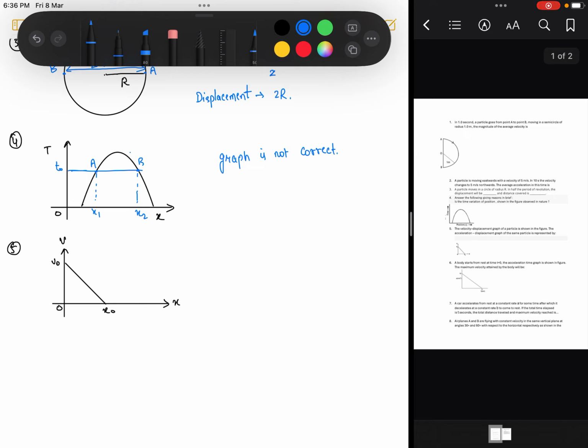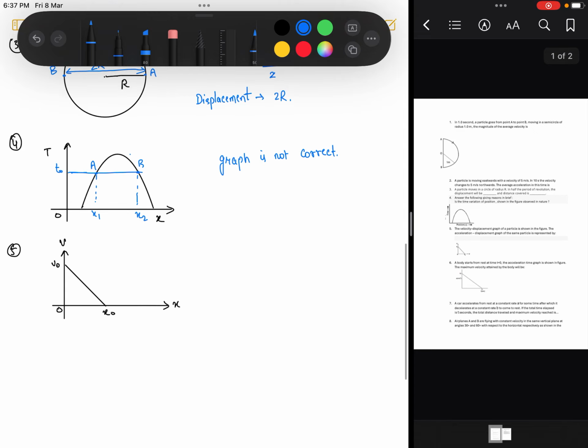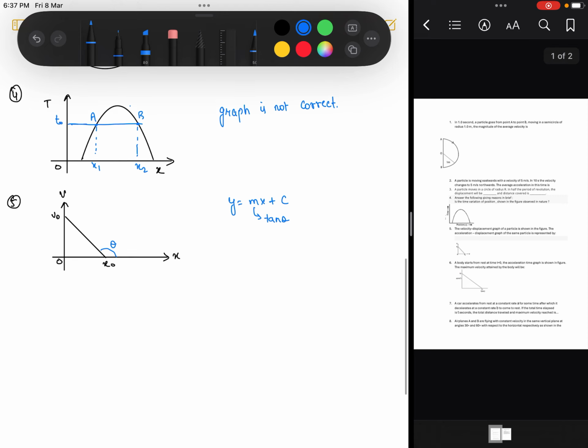First of all we should know how to write the equation of the straight line that is given in the graph. So by using the equation y is equal to mx plus c, here m is the slope, that is equal to tangent theta. So this is the theta, and we have to write tangent theta. c is the y-intercept, that is equal to v naught, and in the y-axis v is given, in the x-axis x is given.